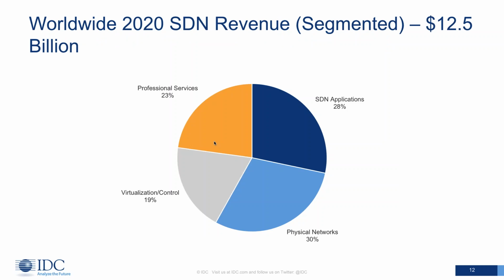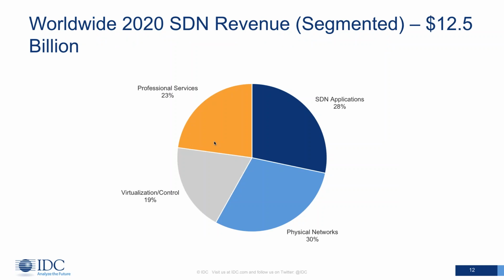If you're curious about what we comprise within SDN, because clearly SDN, as you know, is an architectural model. It's not a single product category. So what I wanted to do with this slide is give you some insight into how we segmented the market for our forecast. As mentioned on the last slide, the worldwide market in 2020 will be worth about $12.5 billion, and about 30% of that will be represented by the physical network, the network switches that provide the hardware foundation for all the software-based network automation, programmability, and orchestration.